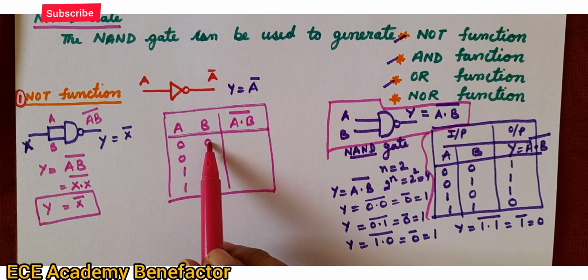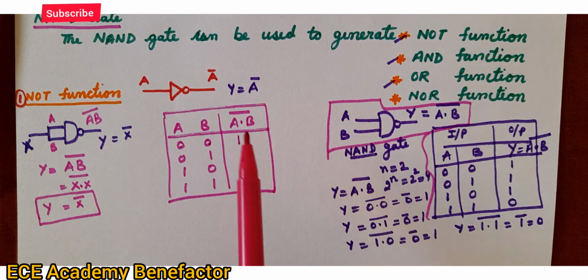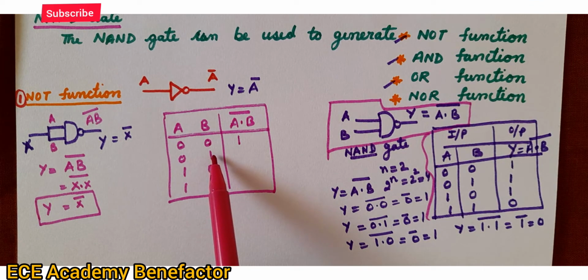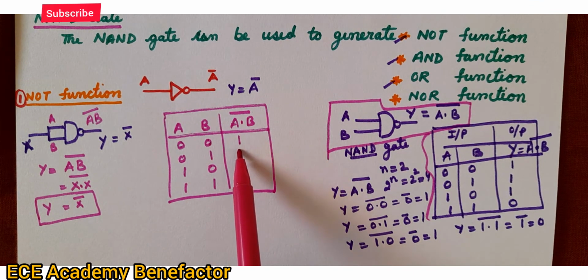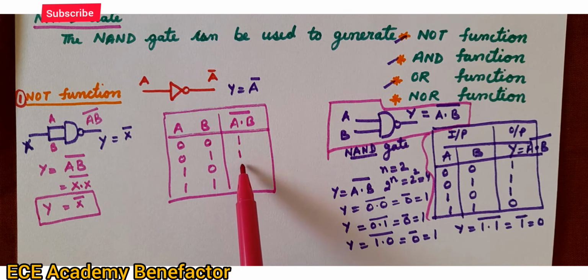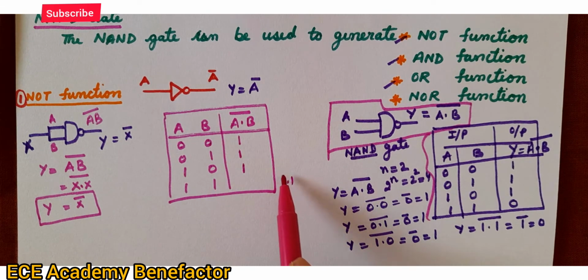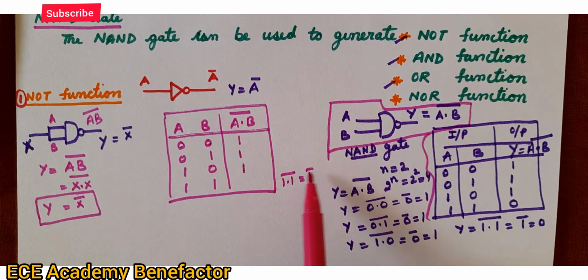So, 0 dot 0 is 0, 0 bar is 1; 0 dot 1 is 0, 0 bar is 1; 1 dot 0 is 0, 0 bar is 1; 1 dot 1 is 1, 1 bar is 0.